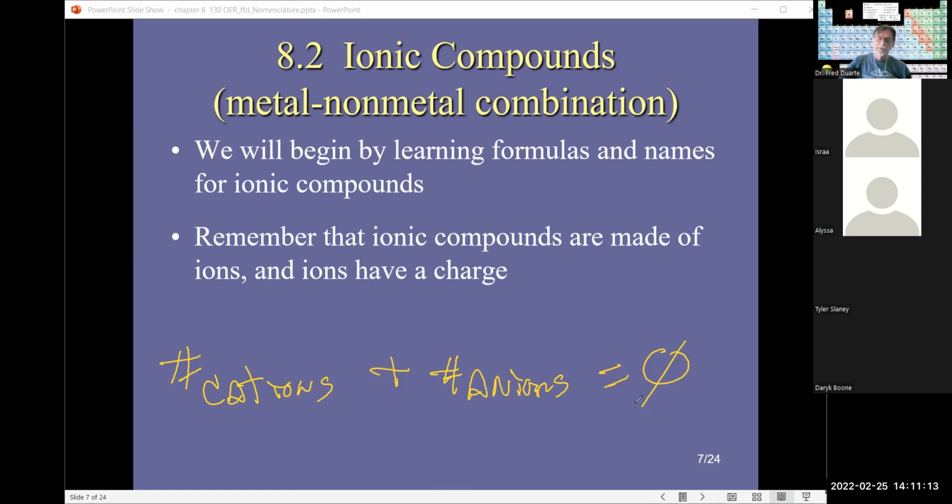Occasionally, you have a polyatomic ion and you need to calculate the oxidation number of maybe the central atom. And that polyatomic ion has a charge.